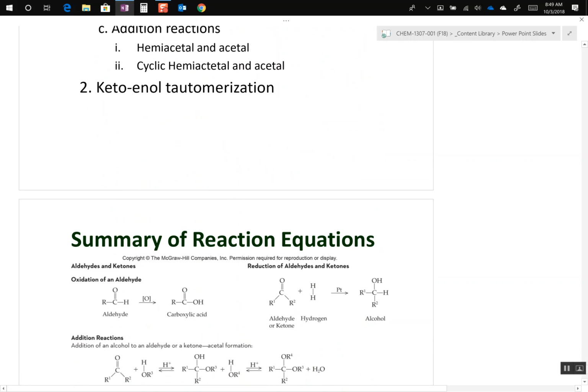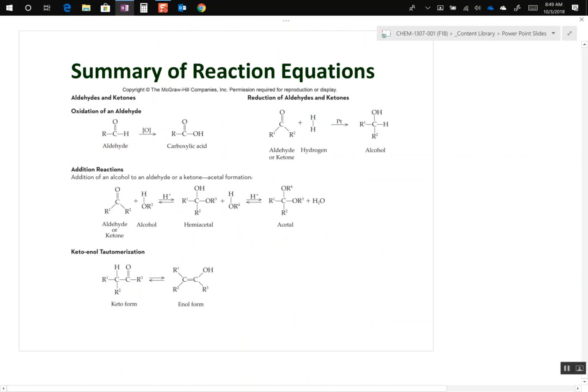Okay, so let's look at a few of these. Oxidation of an aldehyde to a carboxylic acid. Reduction of aldehydes or ketones to the alcohol, primary or secondary. Make sure you're specific a lot of times. If a question asks, if you have an aldehyde, what is it going to reduce to? Don't just say an alcohol. Say a primary alcohol.